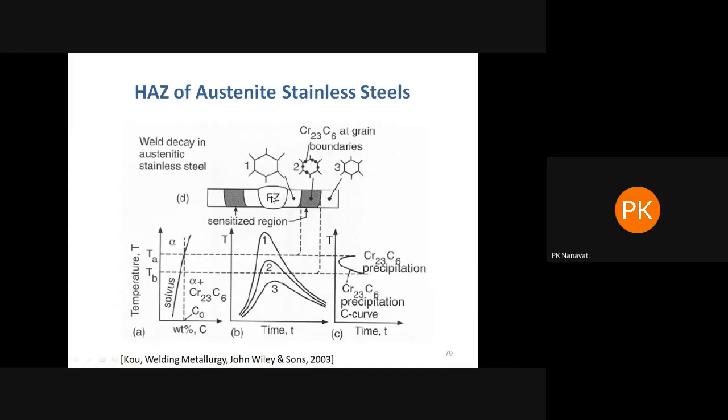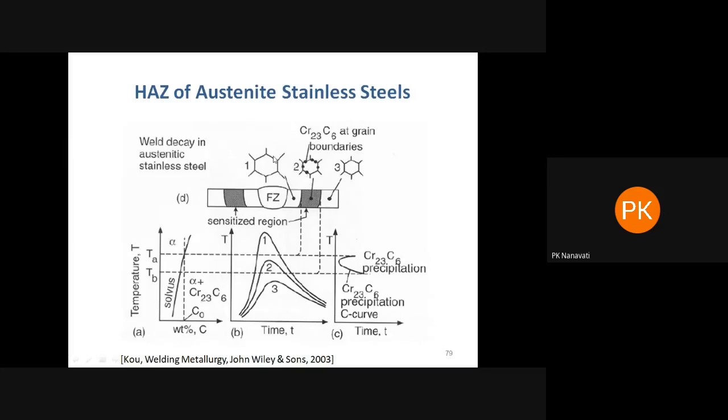So when this thermal cycle is heating and cooling in some band of temperature region, like this band, TA and TB, you have more complications. How? Because chromium from your composition will combine with the available carbon, and it forms chromium carbide precipitation at the grain boundary.